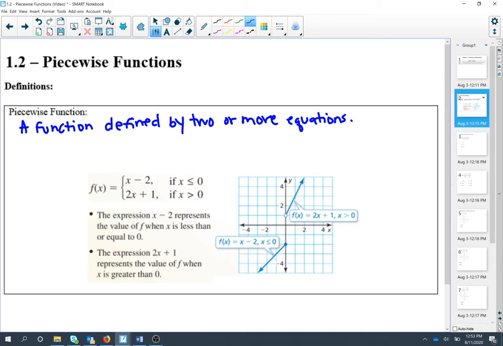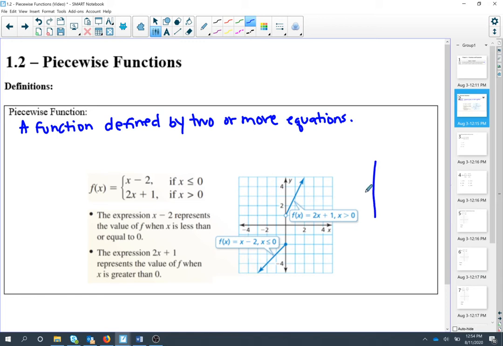The second reason that this would need to happen is because of the definition of a function. If you guys remember very briefly your vertical line test, if you take your pencil and you lay it vertically, at any given moment you can only touch one point on the graph.